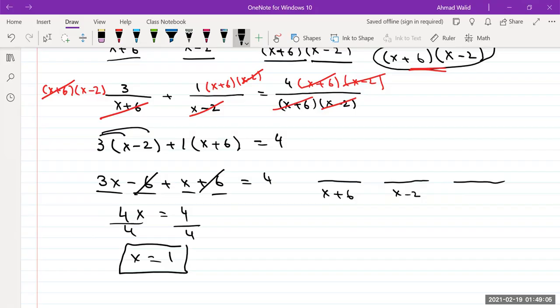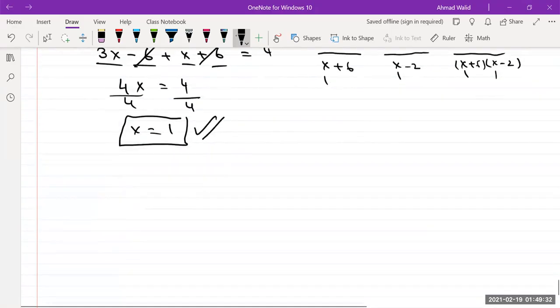And on the other side, you had x plus 6 times x minus 2. If I plug in 1 here, here, here, and here, which one becomes zero? None of them, right? None of them will become zero. It gives you a number. Then you can say, oh, this is my answer. If one of them changes to zero, then it's not your answer. Your answer will be no solution.